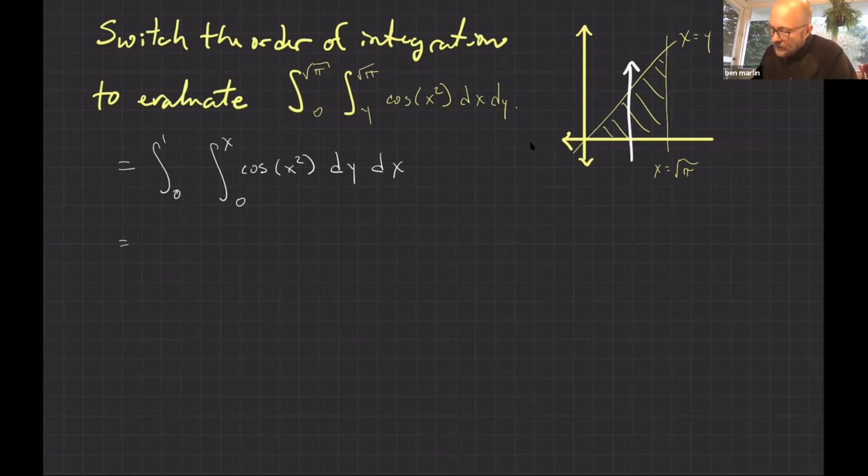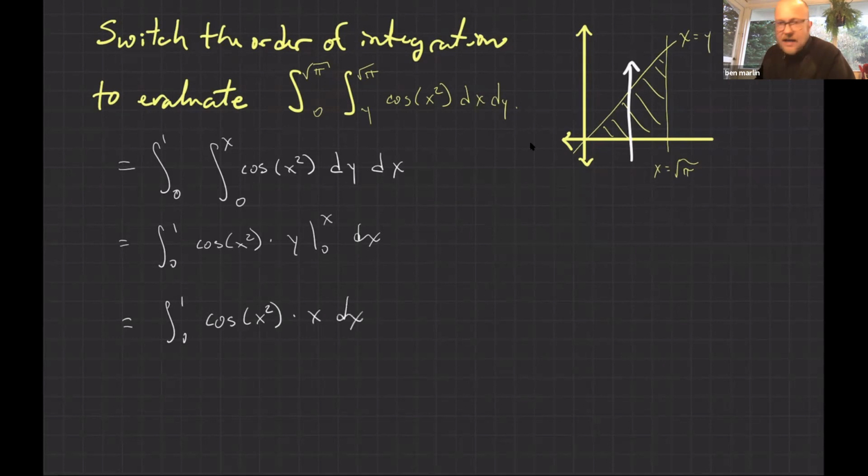Once we have that set up, because we need to integrate cosine x squared with respect to y, all you end up doing is getting a y that goes from 0 to x, and that means that you have an integral from 0 to 1 of cosine of x squared times x dx.